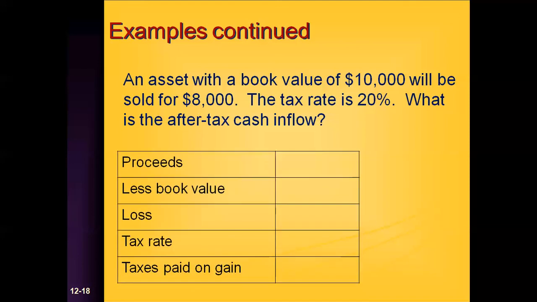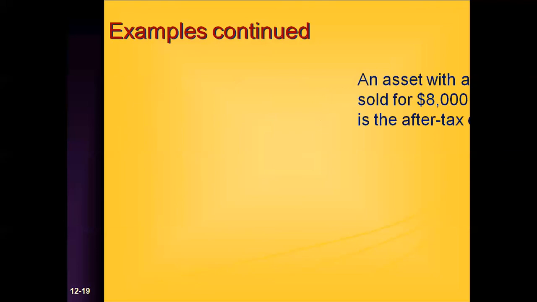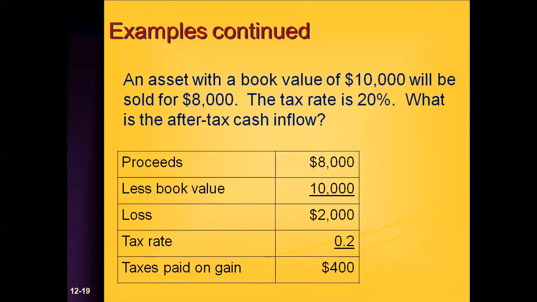Okay, here again you would use a similar type of format. You'd have your proceeds less the book value, the loss, the tax rate, and the taxes paid on the gain to look at your after-tax cash inflow. Again, here you're substituting the variables into the worksheet. You had an asset that was sold for $8,000.